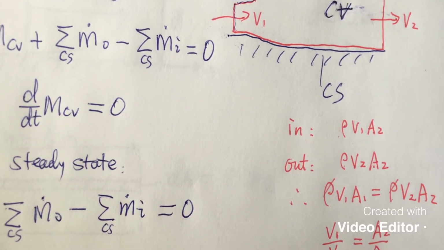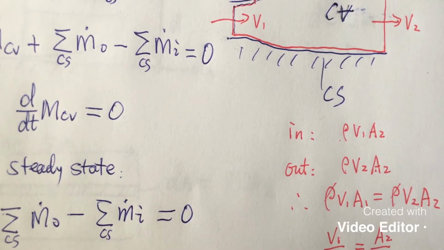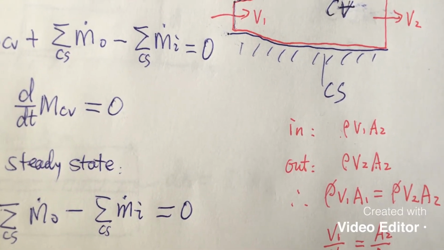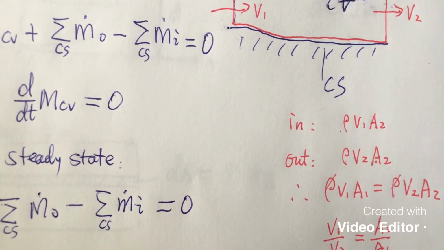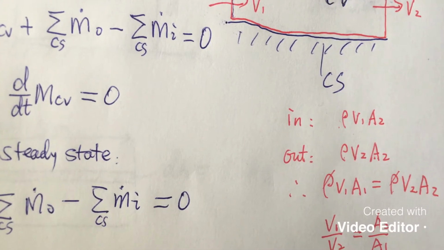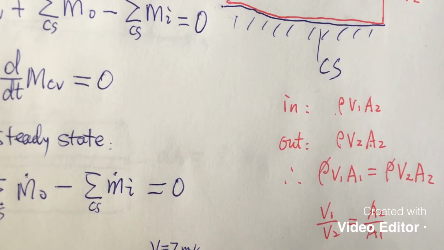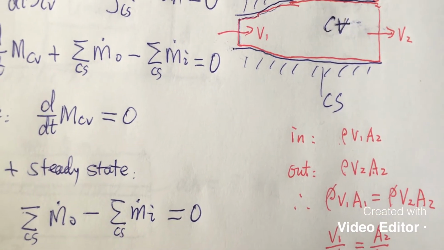Your mass flow rate in is rho V1 A1, since it's uniform, right? You don't need integration. Your mass flow rate out is rho V2 A2. So rho V1 A1 equals rho V2 A2. Basically, that's the conservation of mass equation for this problem.